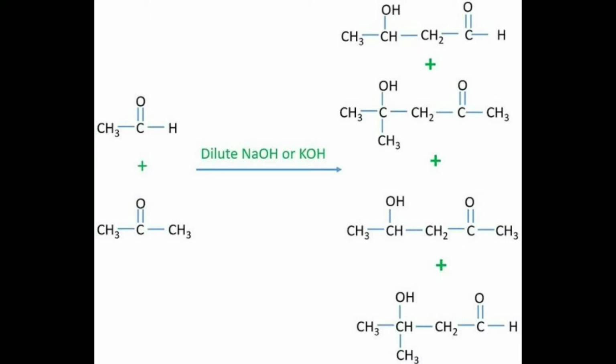This reaction is known as aldol reaction. The formation of aldol is an addition reaction in which the aldol form aldehyde having alpha hydrogen undergoes subsequent elimination of water molecule on warming, giving rise to alpha beta unsaturated aldehydes.